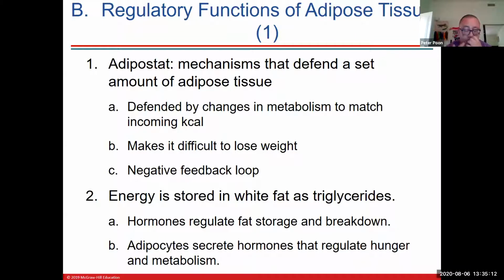You have less motivation to move, so it actually matches the kilocalories you're burning. That's one of the things that makes it difficult to lose weight. It's not just eating less; it's eating less and maintaining the same amount of exercise, or increasing the amount of exercise you had before.